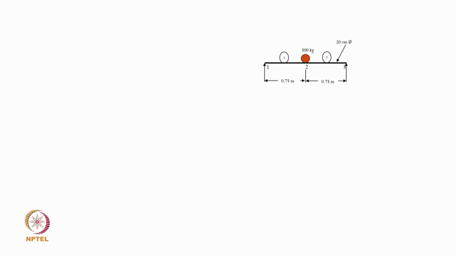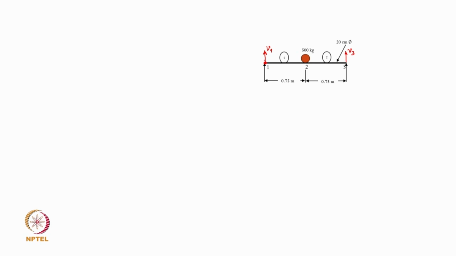Now, as we said that this represents a shaft which is supported in bearings, we assume again that the bearings offer simply support end conditions, which means that the nodal degree of freedom here is going to be restricted by the bearing, because if it is a simple support, the translatory motion here will be 0, and therefore, the nodal degrees of freedom V 1 and V 3 both of them should be 0 for representing the simple supports.